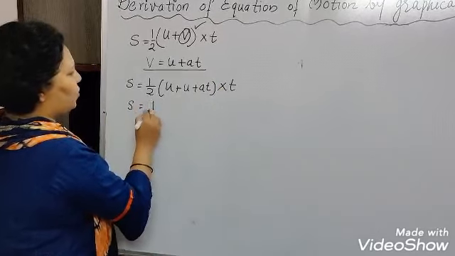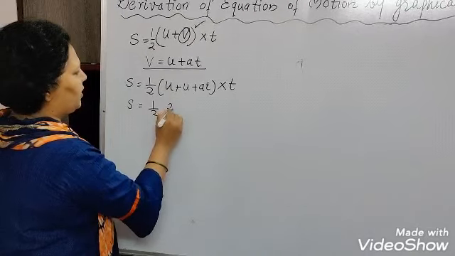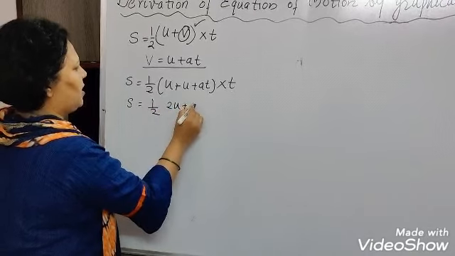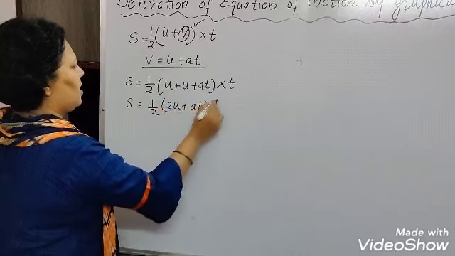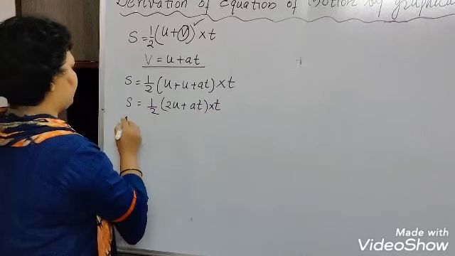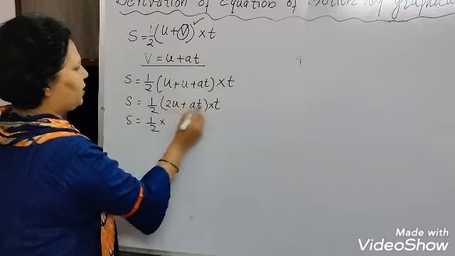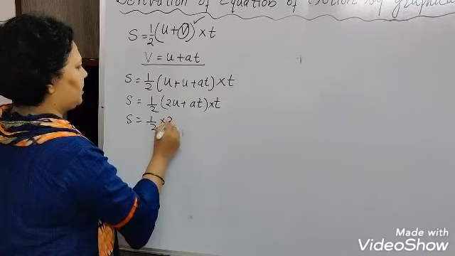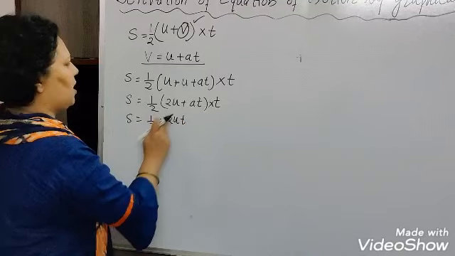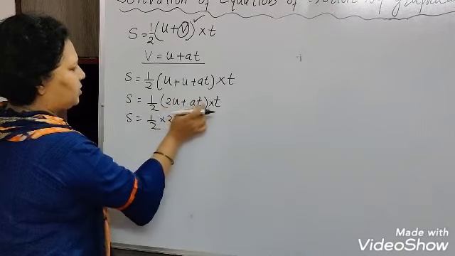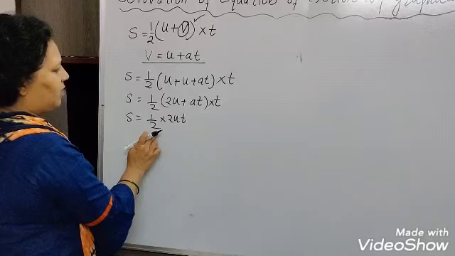So s equal to half, u plus u is 2u, and at, multiplied with t. Now 2u is multiplied with t, this is 2ut, and this 2ut is multiplied with half.